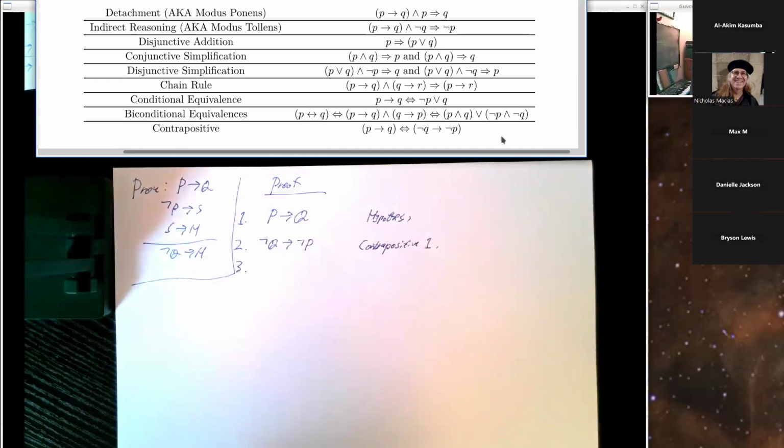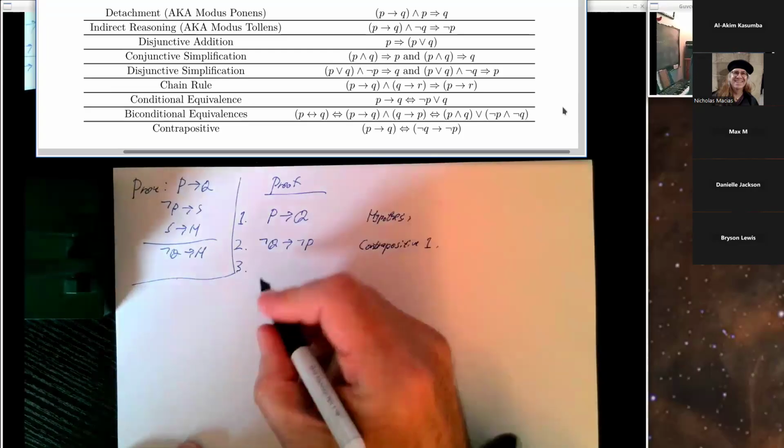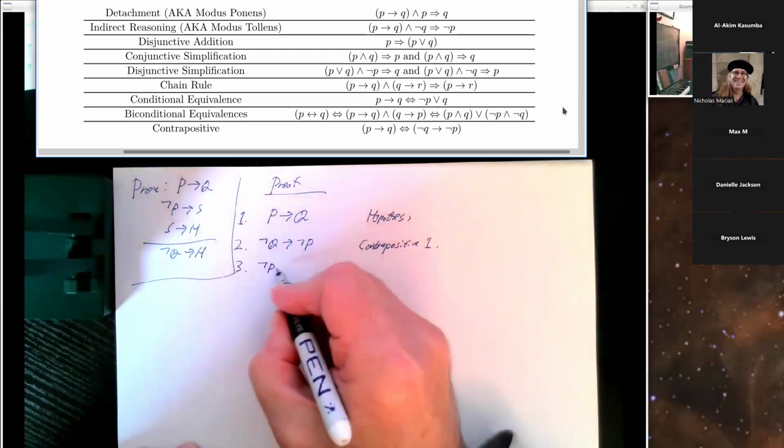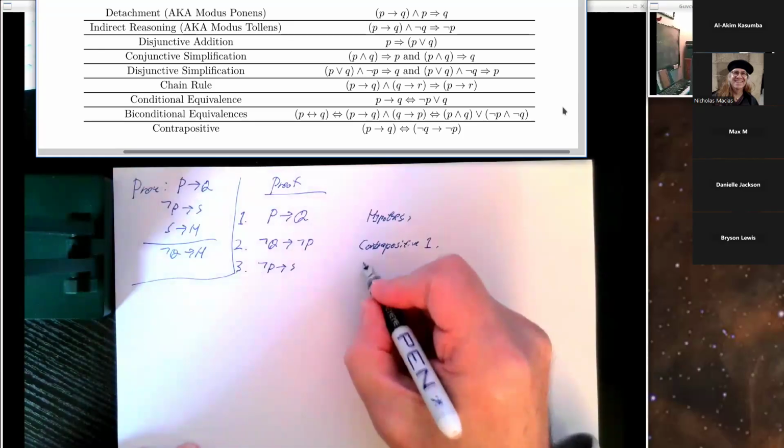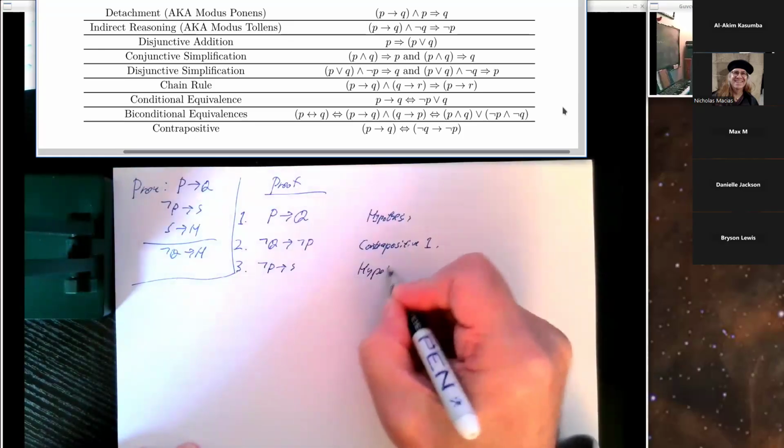What else can I do? Just looking at this list of laws of logic, is there some other step I can take after this? Not P implies S, which implies H. Okay, perfect. So let's say not P implies S, which is a hypothesis.